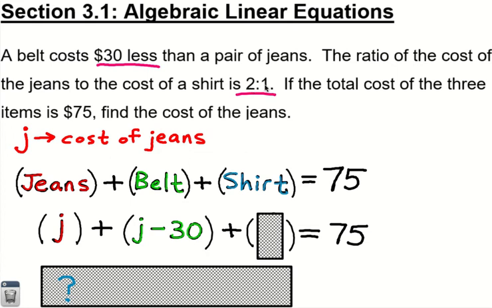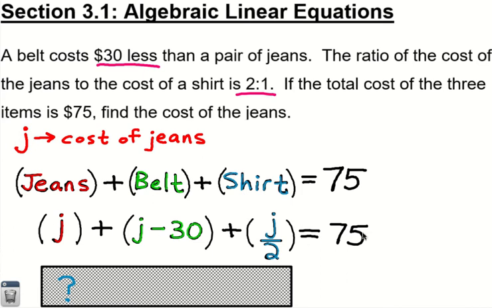So whatever the price of the jeans is, because the jeans cost more, the jeans is twice as much. So in order to describe the shirt, we would have to call it J divided by 2. If you took whatever the jeans cost and divided it by 2, it would equal the price of the shirt. And so that's how you can describe the shirt.